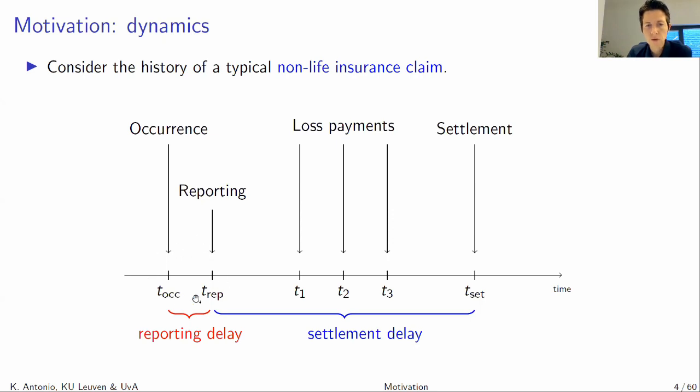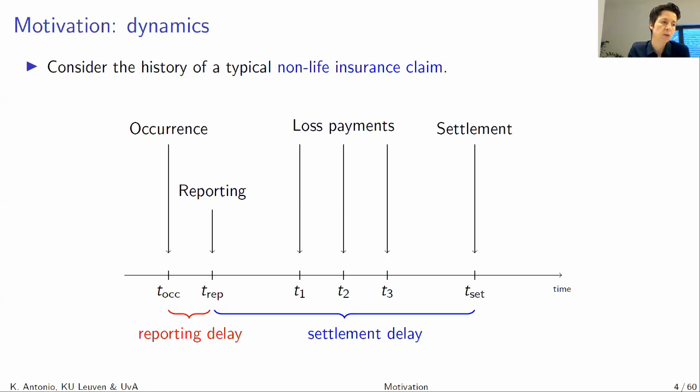Then after this event occurred, my policyholder will report this event to me as an insurance company. So I also identify here on my timeline the reporting of this event. Now, of course, this reporting can take place on the same day as the accident. It can happen one day later.